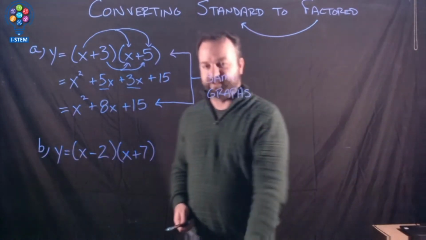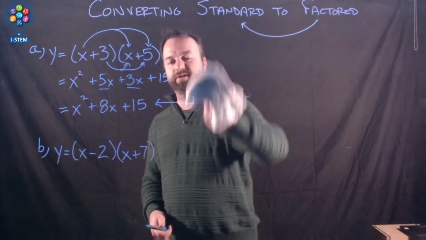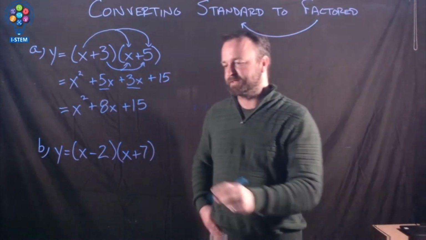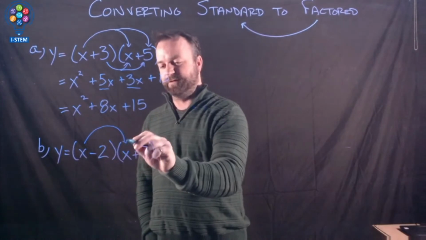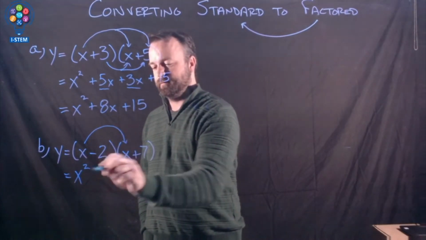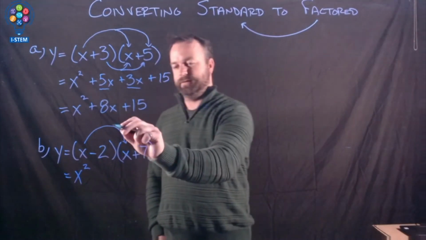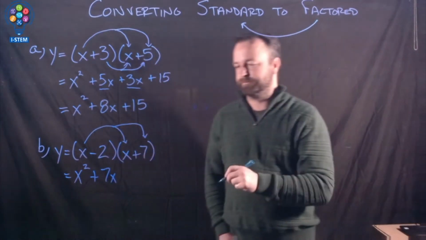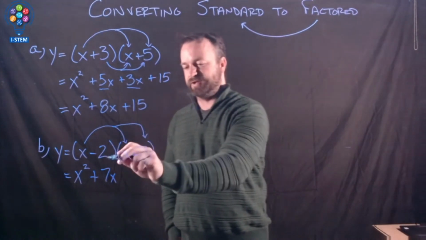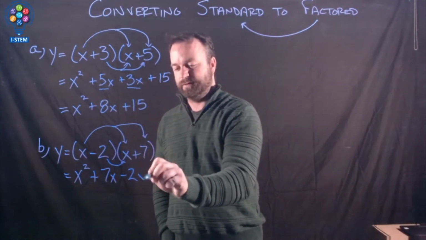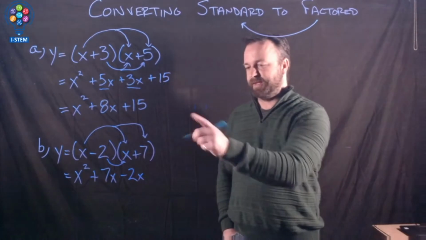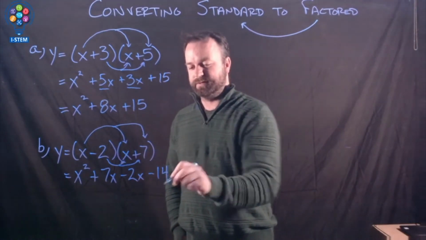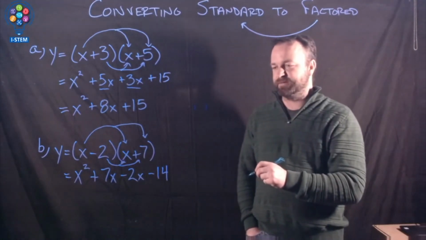So again, if I was to FOIL this expression, not going to use the area model, I want to be a little sophisticated, I'm going to FOIL this. Again, it's the first two terms, the outside terms multiplied together, the inside terms, negative 2 times x, and then the last two terms, negative 2 times positive 7 would be negative 14.